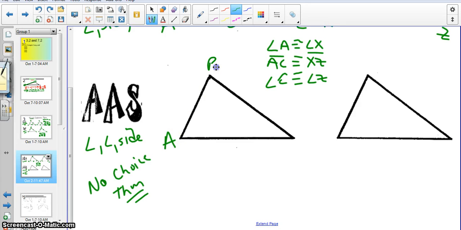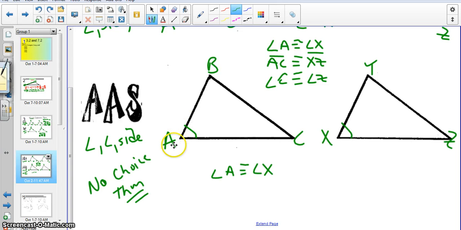So let me label my triangles ABC and XYZ, and on this one, if we have angle A congruent to angle X. Now this one is slightly different than our previous ones because we do not really have an included angle or side, but it does need to go in order.